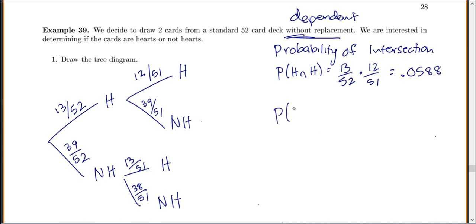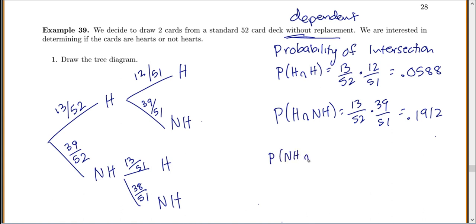Now, probability of heart and not heart is 13 out of 52 times 39 out of 51, which is 0.1912. Probability of not heart intersect heart is 39 out of 52 times 13 out of 51, which is also 0.1912.